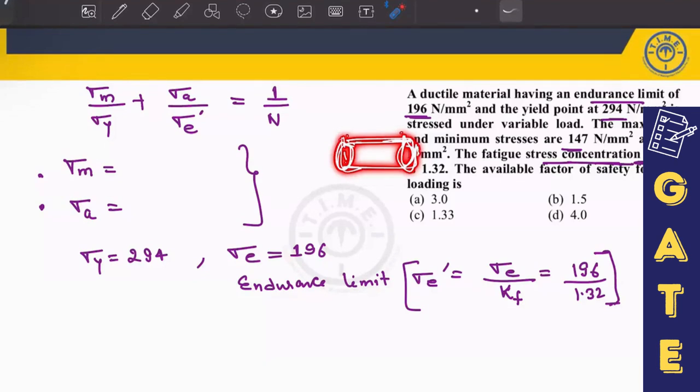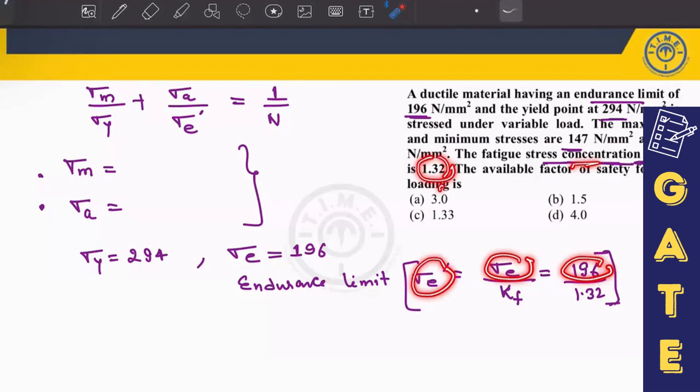But because of the notch, or any kind of defect, you have to consider the fatigue stress concentration factor. So that means actual strength is this 196, but if the fatigue stress concentration factor is given, that means there will be some kind of notches. In that particular case, the endurance limit will be lesser than the standard specimen. So if you divide, this will always come lesser than 196. Okay, yes, 1.5 is the correct answer.